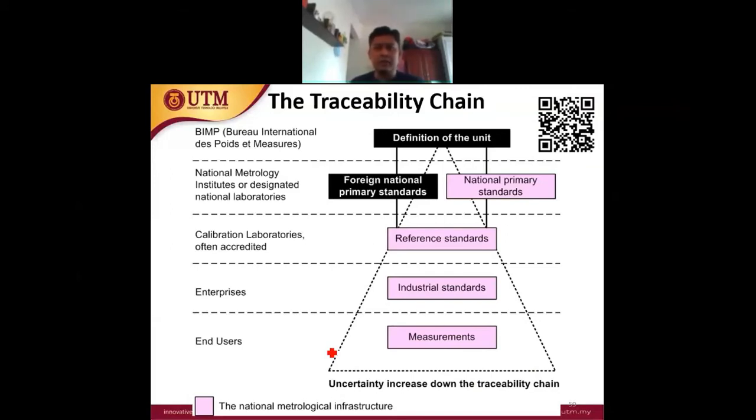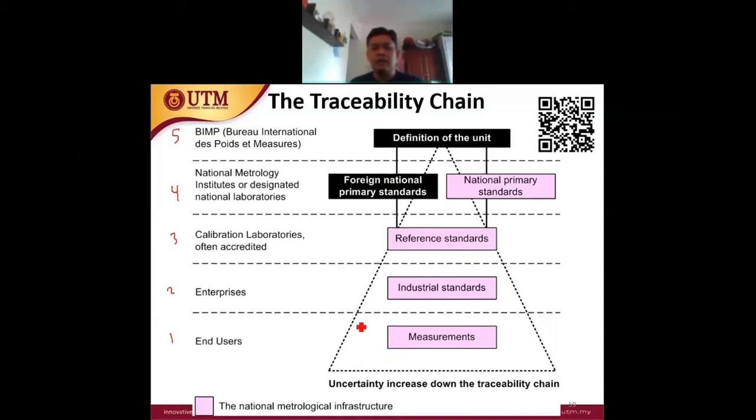As you can see, there are one, two, three, four, five levels. At each level there is a stated condition or situation, and you see the rectangle here.